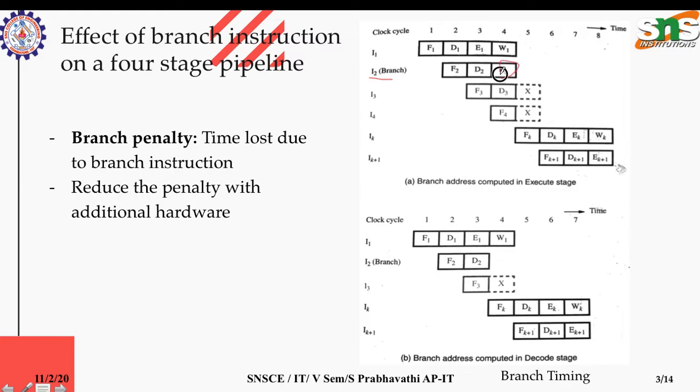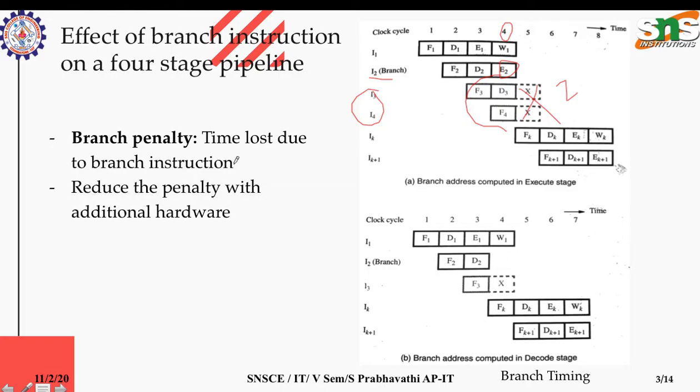While executing this I2, see here two instructions I3 and I4 are fetched, is it not? So I3 is in decode stage and I4 is in fetch stage at clock cycle 4. So what happens after this execution? It turns out that the target address is Ik, so not this I3 and I4. So two stalls happened, because of the 4-stage pipeline.